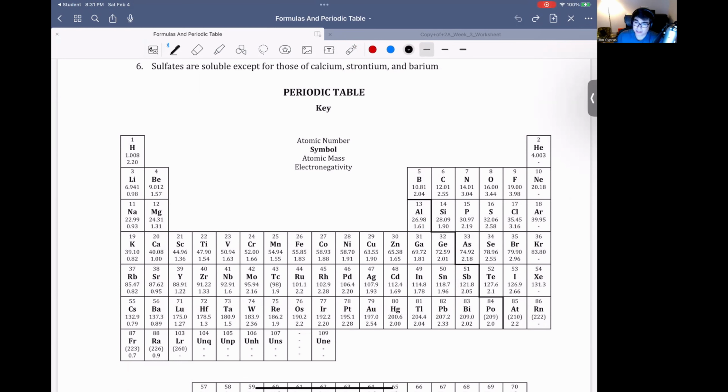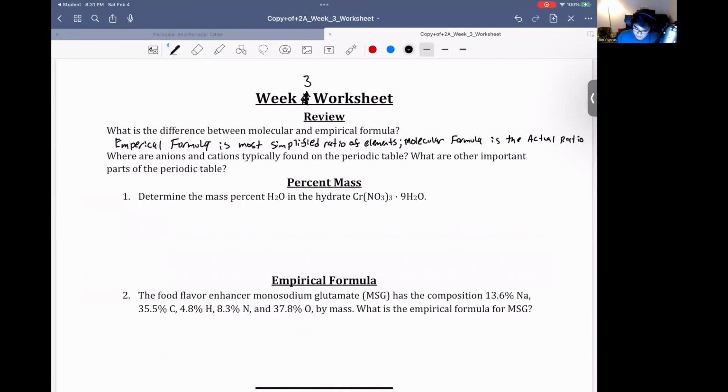And so you have to make sure that you look at their oxidation states for different reasons, right? For redox reactions, for naming, and so on and so forth. So the anions are on the right side, right in the nonmetal section, and the cations on the left.